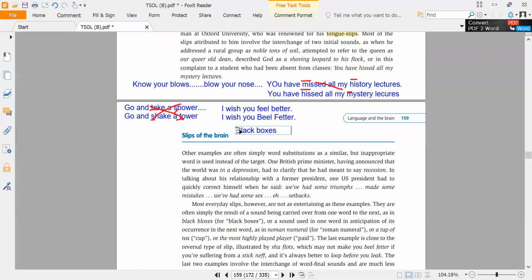So mistakenly, once a person said, "there were 10 blacks boxes." Instead of saying there were 10 black boxes, he said there were 10 blacks boxes, right? This sound was taken from this word to the next word, which is boxes, right? So this is another type of slip of the tongue.